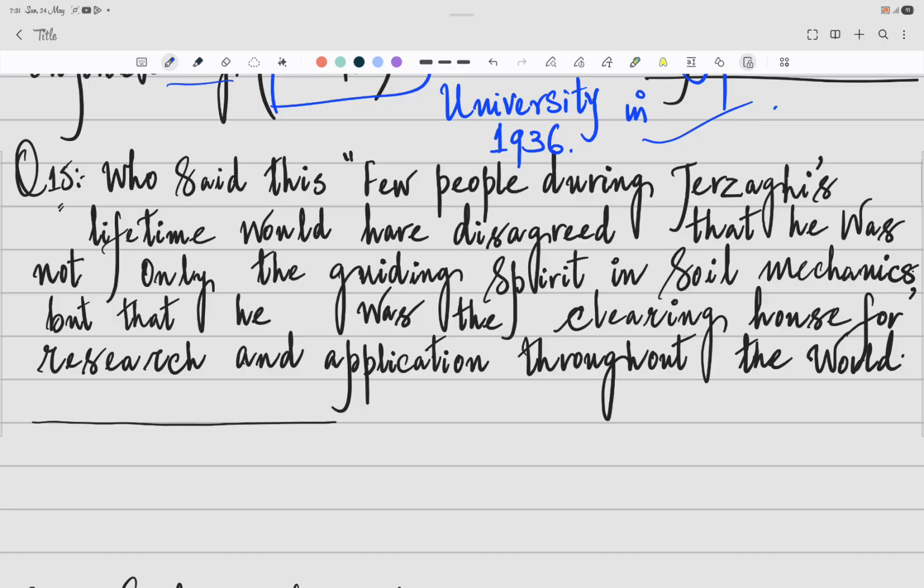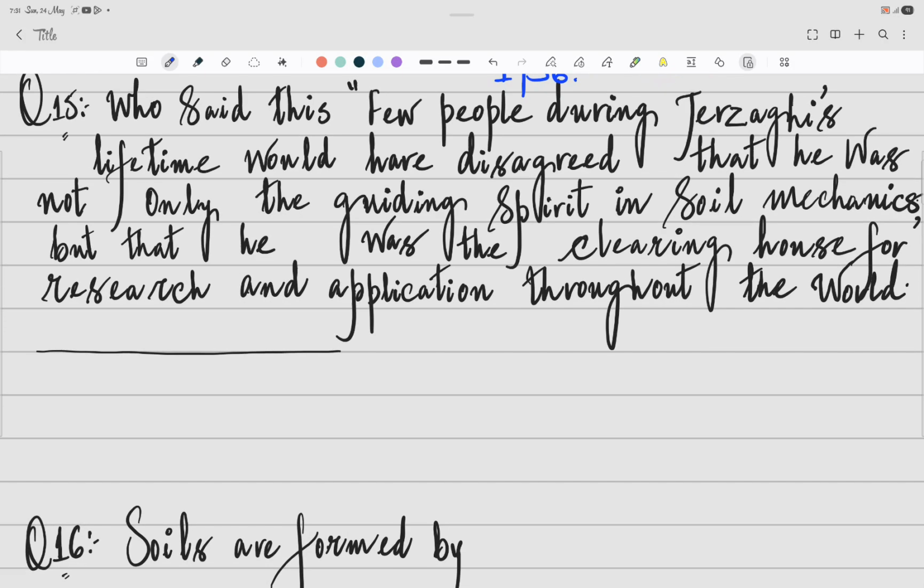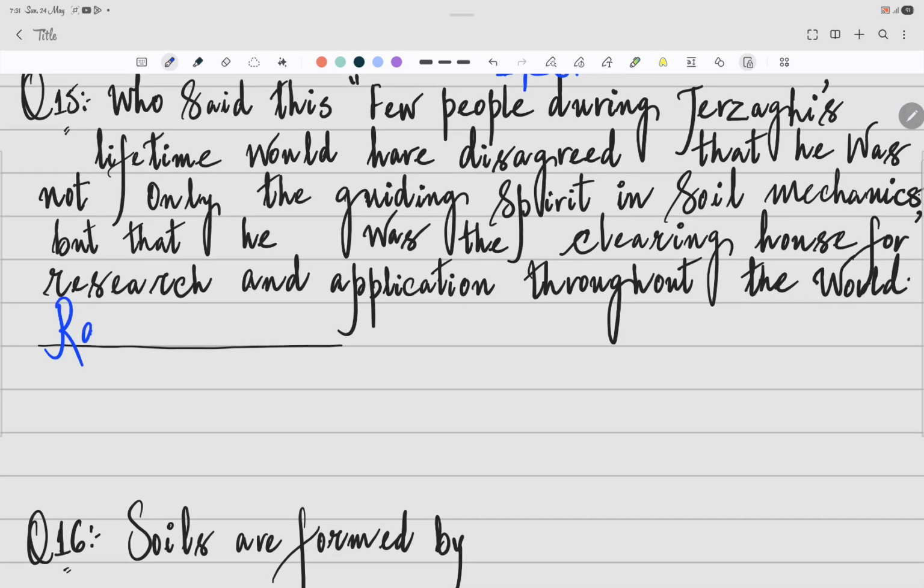These lines were said by Ralph Peck. He was also one of the scientists who has done a lot of research on the subject. He said these lines in the year 1985.